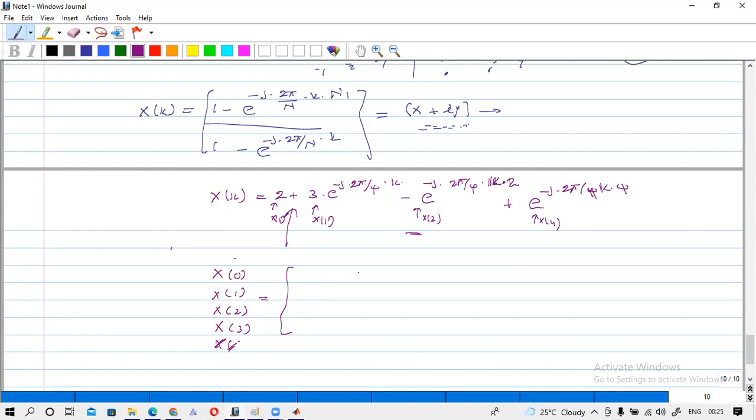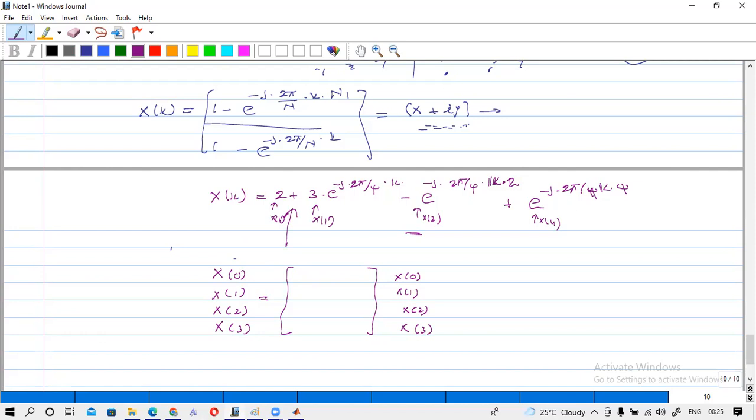Okay, so you will have the matrix, okay, and you will have here x0, x1, x2, x3 like this. Okay. So you will have this kind of, so this is the matrix notation. Okay.